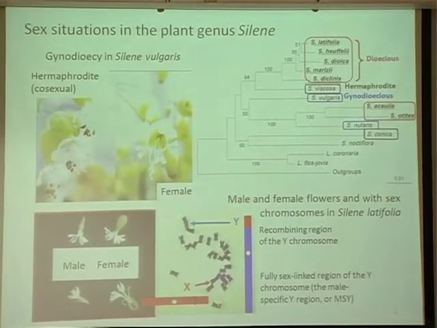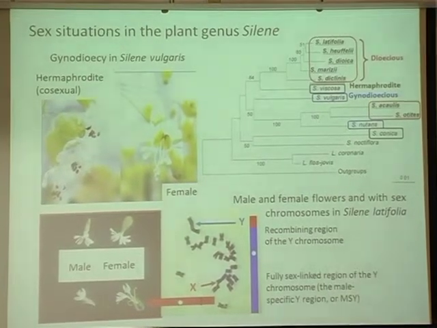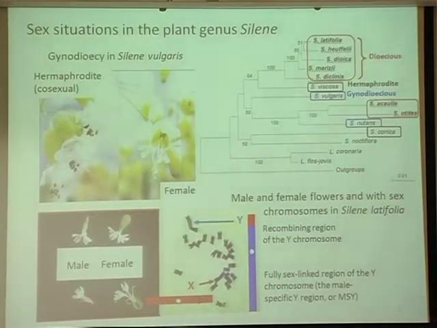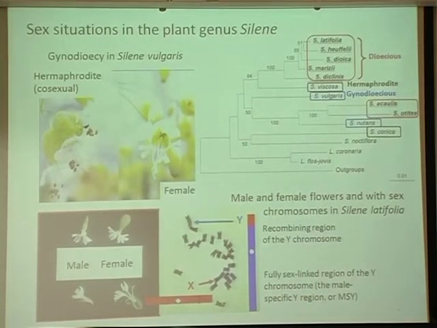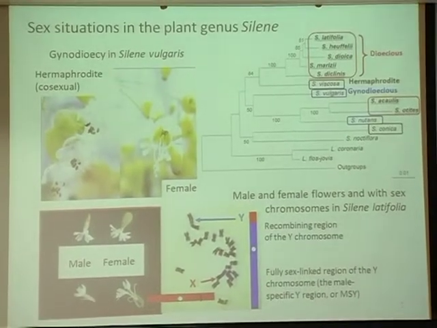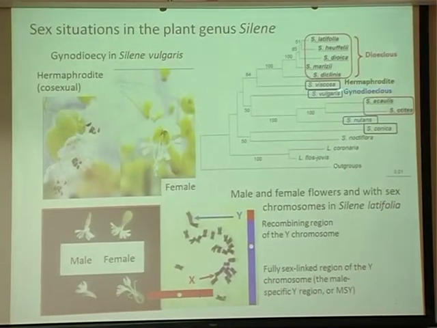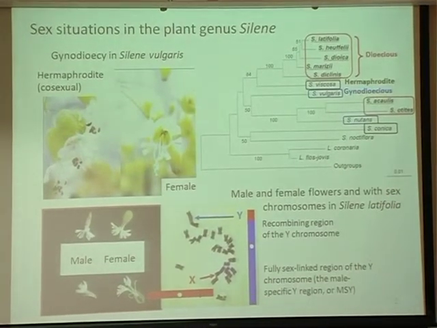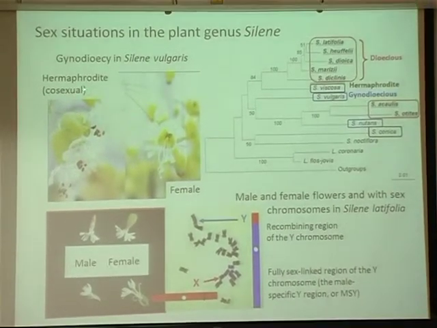And interestingly, Silene is a particularly interesting genus because it seems to have evolved separate sexes independently in different sets of species in the genus. Some of the species that are not dioecious are also sexually polymorphic, and they're gynodioecious, the one I mentioned before. In case you don't remember, it means having females along with hermaphrodites.